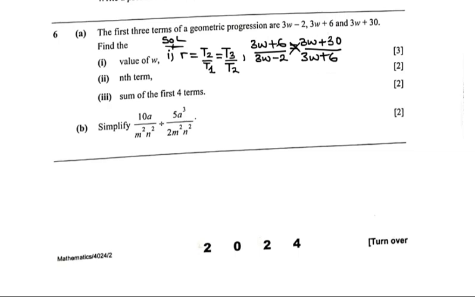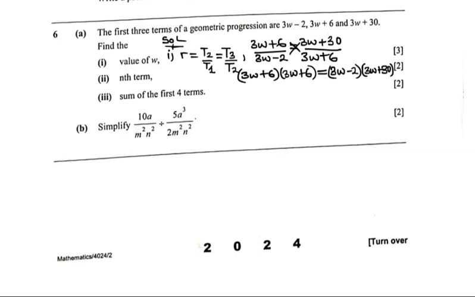So 3w plus 6 will multiply with 3w plus 6 on the left side, and on the right side, 3w minus 2 will multiply with 3w plus 30. Expanding this gives the following.